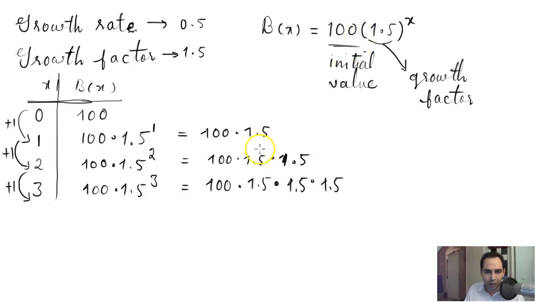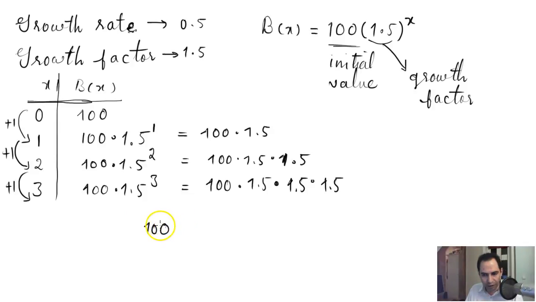when you multiply 1.5 into any number, whatever that might be, you are increasing that number by 50%. For example, if you have 100, you know that 50% of 100 is 50.